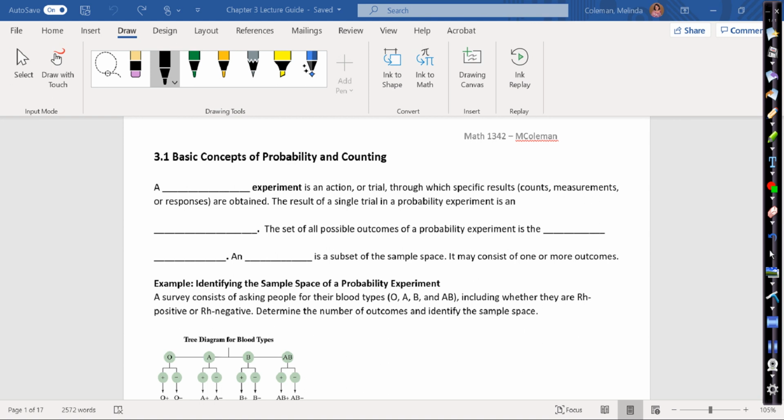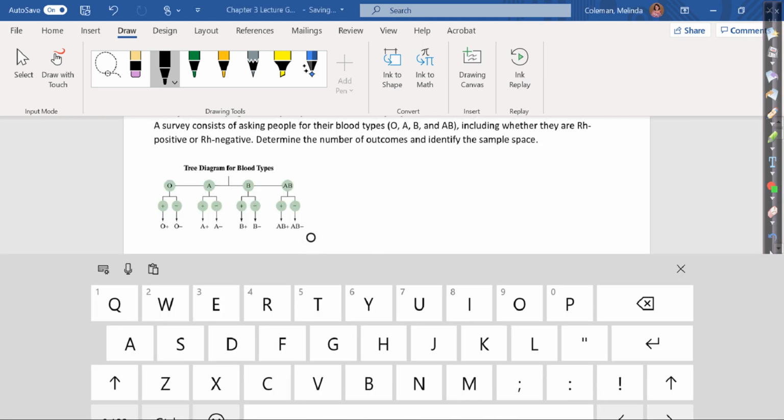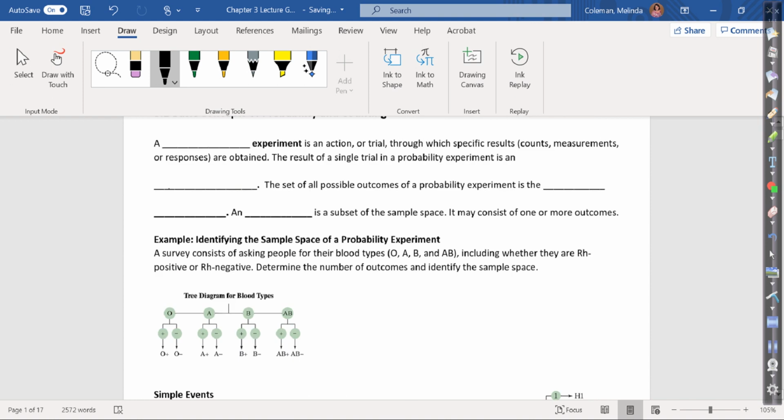So, first one says, a blank experiment is an action or trial through which specific results, counts, measurements, or responses are obtained. The result of a single trial in a probability experiment is called what? So this first one says a probability experiment.